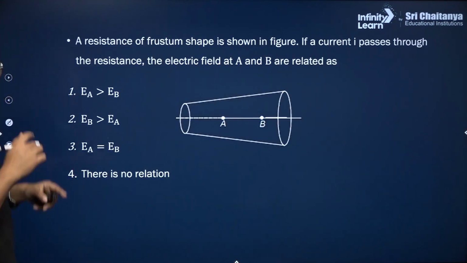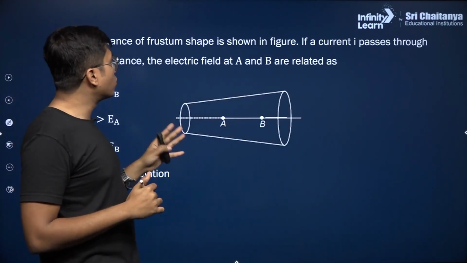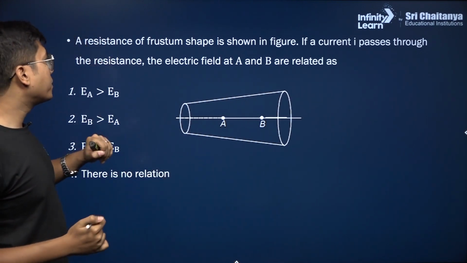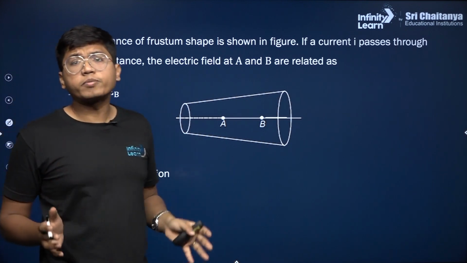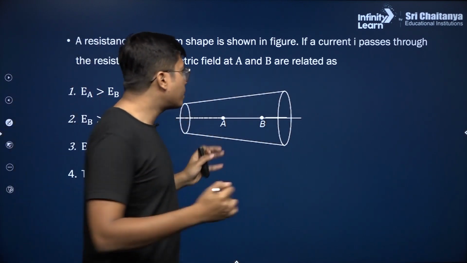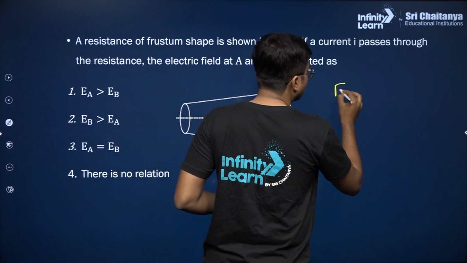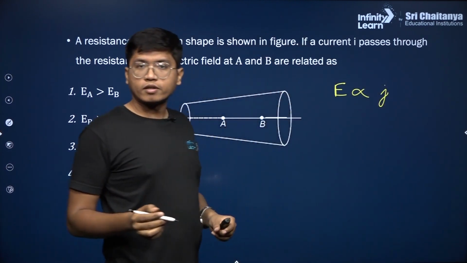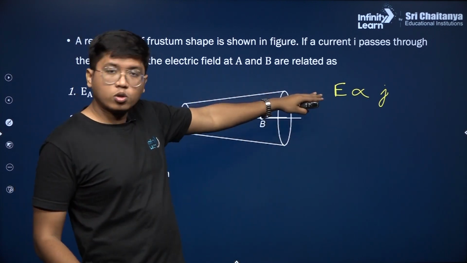Let's move on. It says that a resistance of a frustum shape is shown in the figure. If a current I passes through the resistance, electric field at A and B are related as, this comes from a straightforward relation of Ohm's law. By Ohm's law, we know that the electric field is proportional to the current density J, right? Not the V equal to IR, this is also Ohm's law.